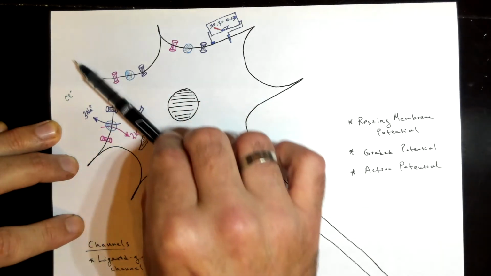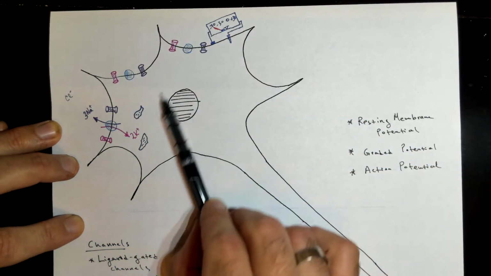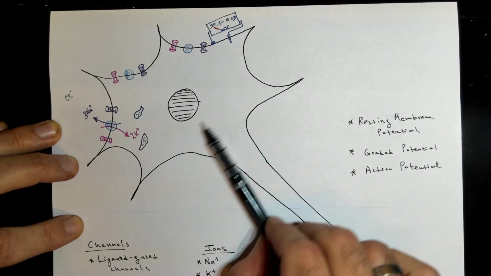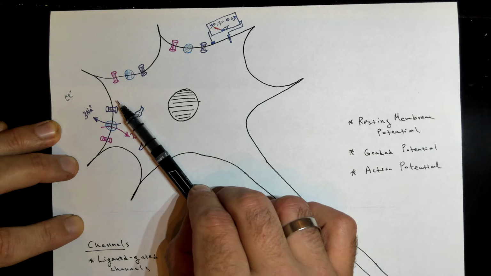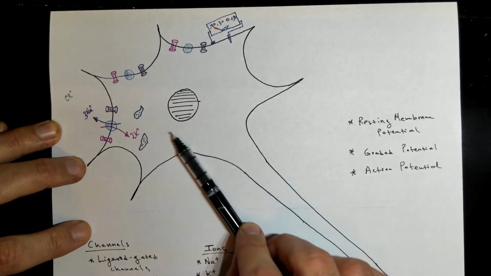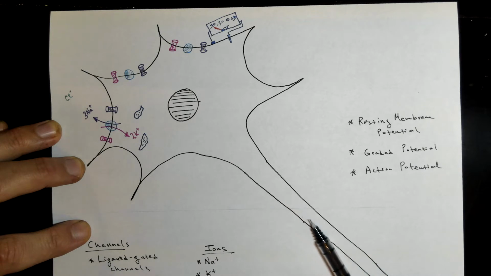So the input is coming in through these dendrites. The cell body is going to get stimulated by this through some electrical activity and possibly send a signal of its own through this part of it, which is known as the axon.